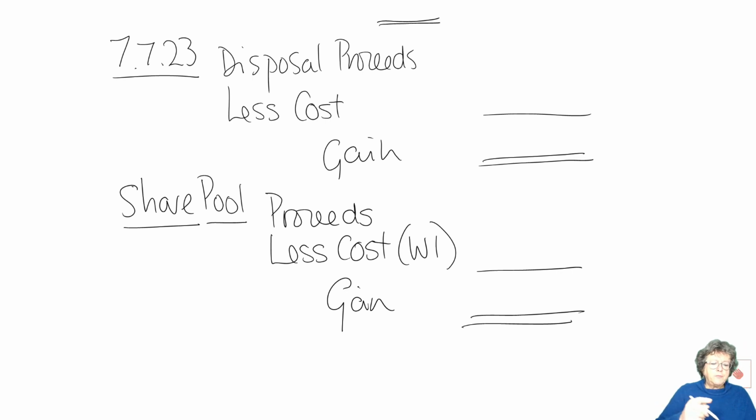Now the proceeds will have to be proportioned between these two computations based on how many shares. So this will be 200 out of the 1,000, and this will be the balance. Oops, out of the 1,000. So the proceeds that we received of 25,000, 5,000 will go in there, and 20,000 will go in there.